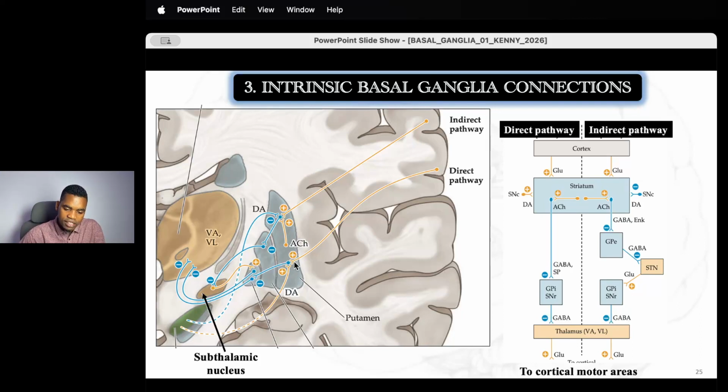From here, we've said this is a direct pathway, and in the direct pathway, as soon as the information enters the input gate, it goes to the output gate. What is the input gate? The striatum. What is the output gate? The internal segment of the globus pallidus. So you see, the information comes to the striatum, and then from the striatum directly to the internal segment of the globus pallidus, and from there it goes away.